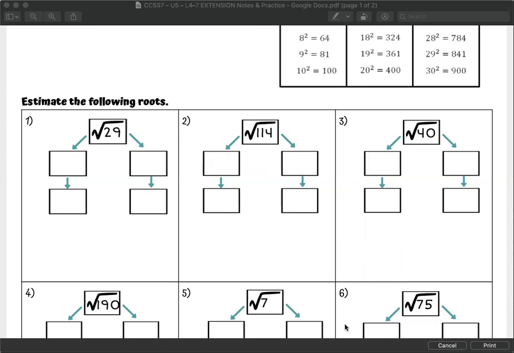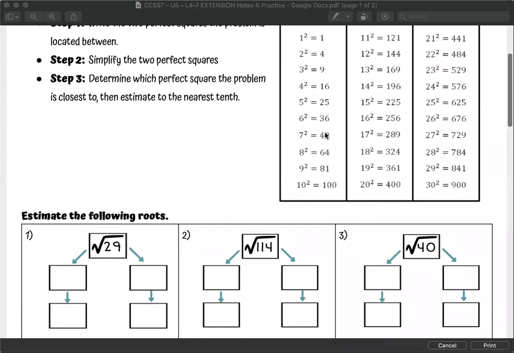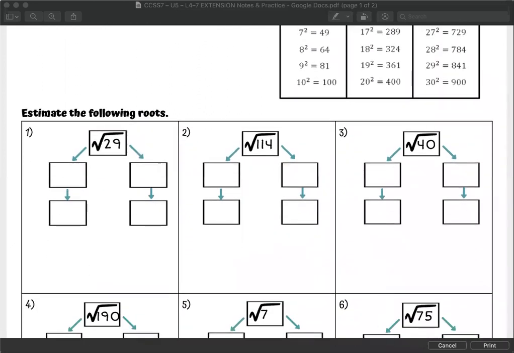Now let's look at number 3. So 40 falls between 36 and 49. So square root of 36, square root of 49. Square root of 36 is 6. Square root of 49 is 7. So we know our number is going to be 6 point something.